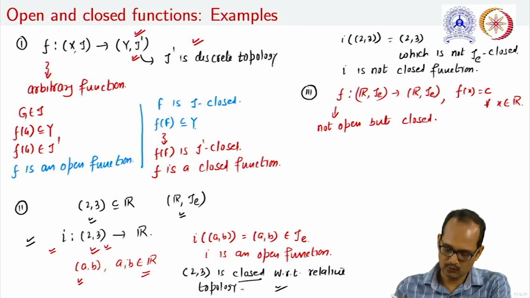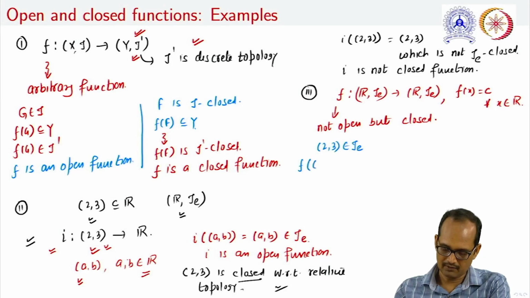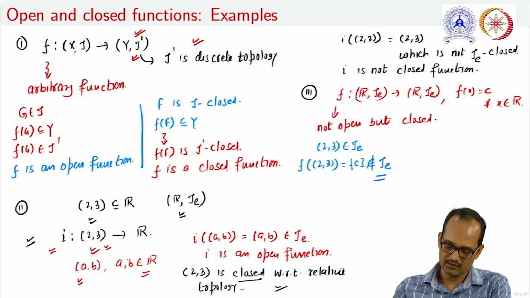Why is this not open? The answer is, for example, if we are taking this (2, 3), this belongs to Euclidean topology, but if we are finding its image, that will be a singleton set {c}, which is not open with respect to this Euclidean topology. Therefore, this function is not open.